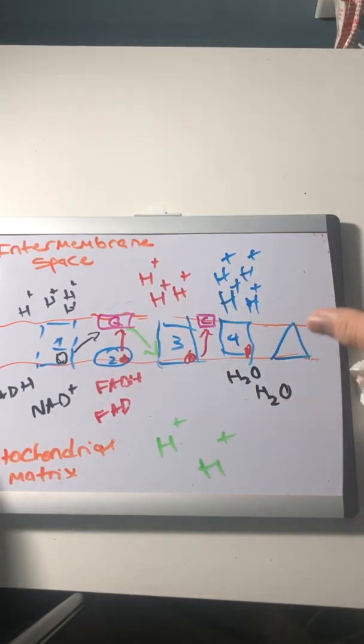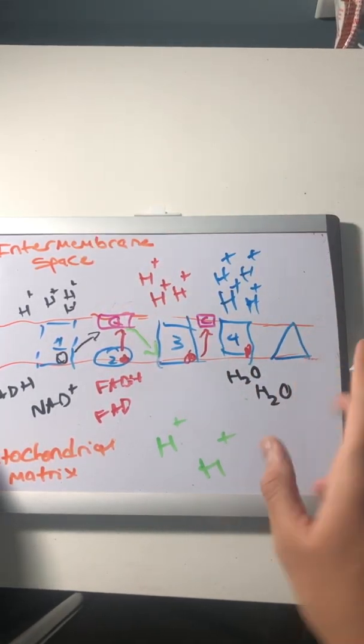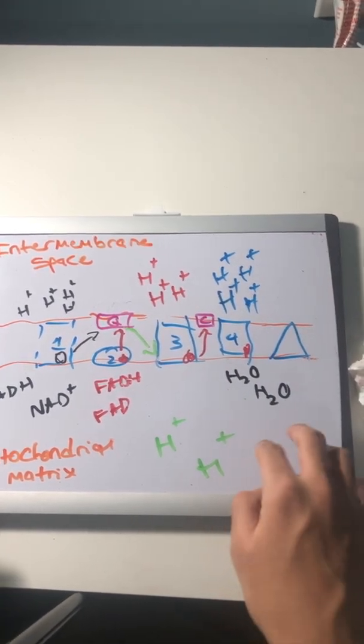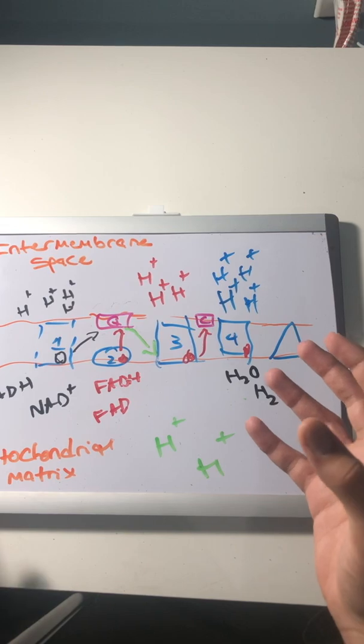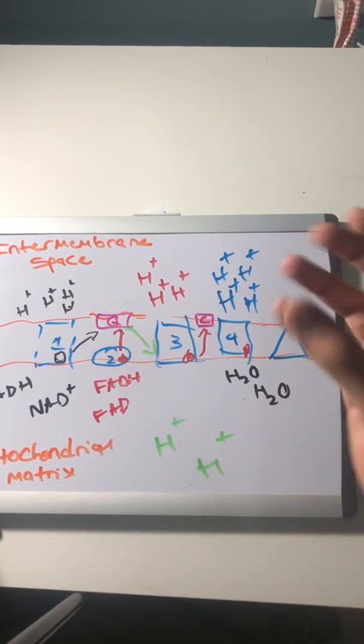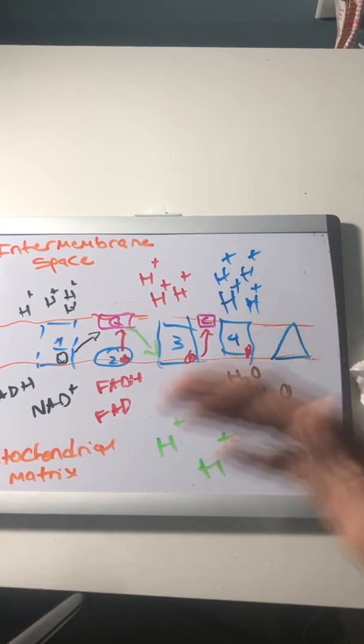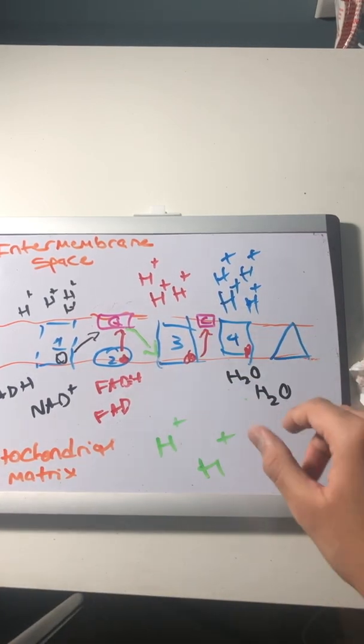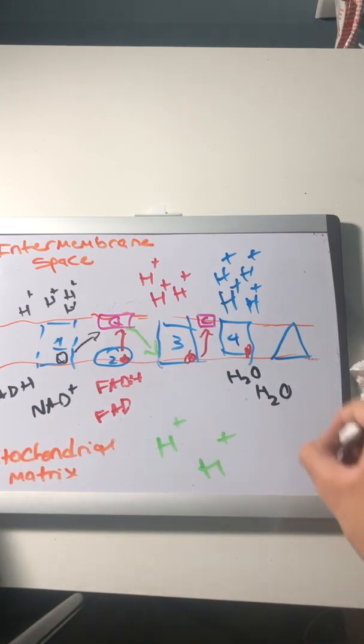Those proton gradients go through ATP synthase to the mitochondrial matrix to achieve equilibrium.